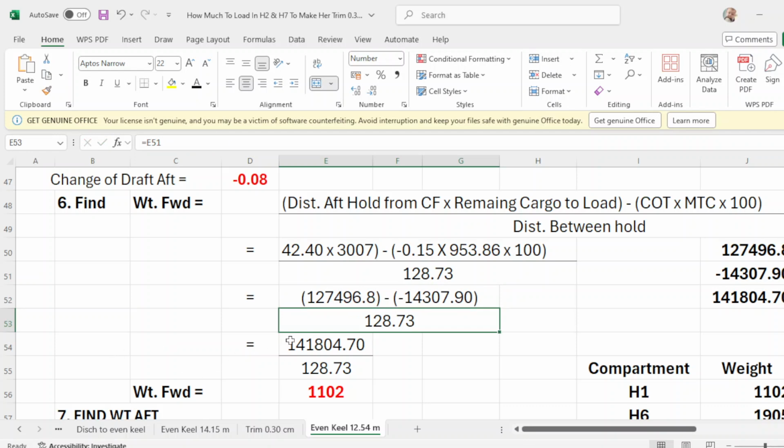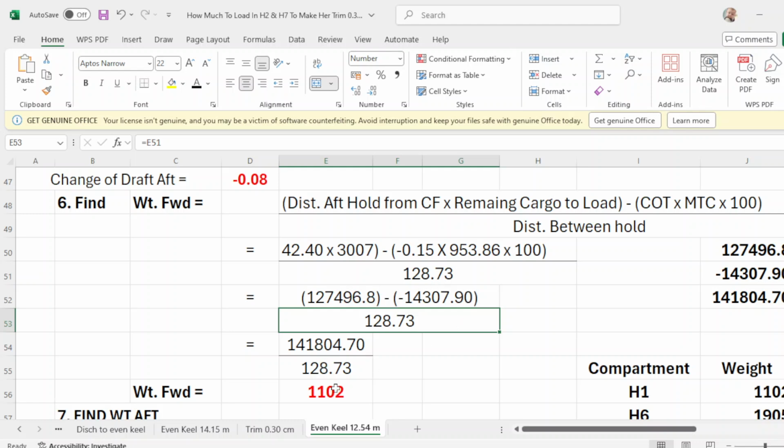That will be 127,496.8 minus this value, which is 14,307.9 over your distance between hold of 128.73. Deduct these two, and the answer will be 141,804.70, which is this one, over your distance between holds.